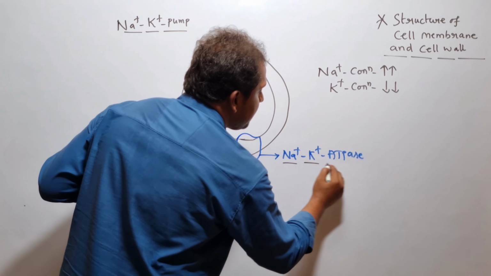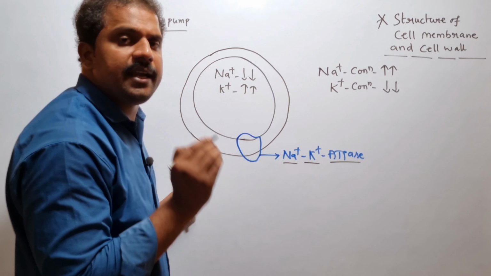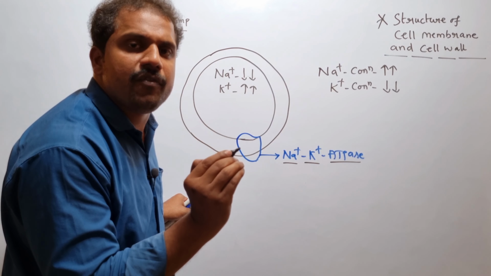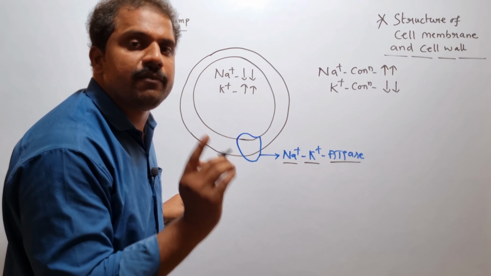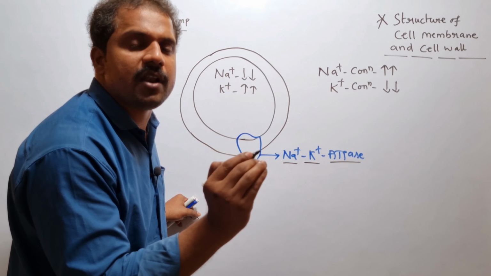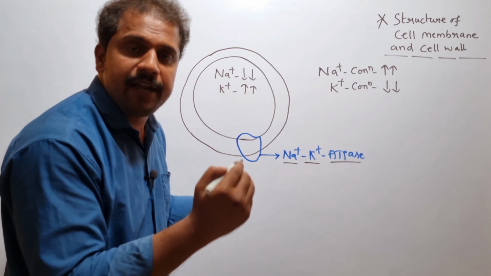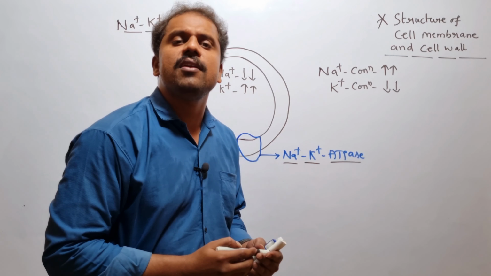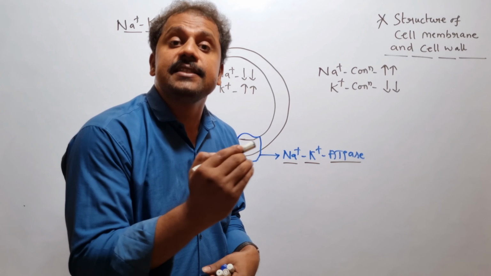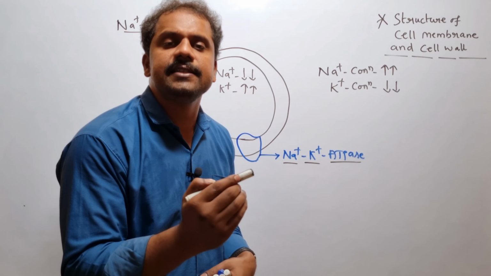Na plus K plus ATPase, because the cell membrane or plasma membrane allows only hydrophobic molecules to come across it, but it won't allow hydrophilic molecules, charged molecules or polar molecules to come across it. So for their successful passage against the concentration gradient, a specific enzyme is required, and here it is nothing but what?